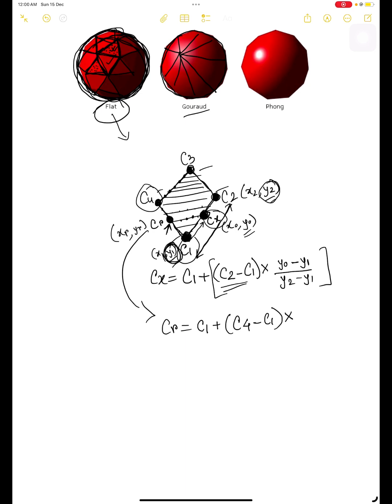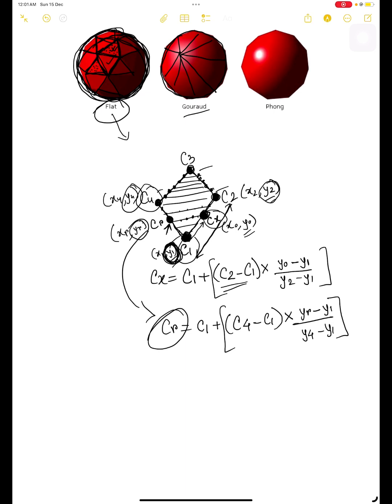So we have here YR minus, it starts again from Y1, hence Y1, divided by the total range, where C4's coordinates can be written as X4 and Y4. So here we can write this as Y4 minus Y1. Doing this again, we will get the color of our CR. In this way, we can find out all of the colors of the points along the edges of my polygon.